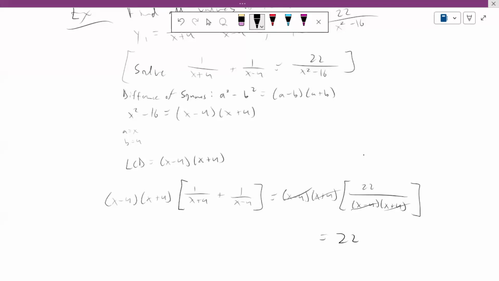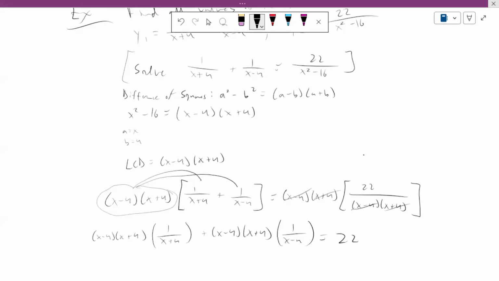On the left-hand side, we have to distribute. The whole quantity x minus 4 times x plus 4 gets multiplied by the first fraction, and also by the second fraction. So I write x minus 4 times x plus 4 times 1 over x plus 4, plus x minus 4 times x plus 4 times 1 over x minus 4.